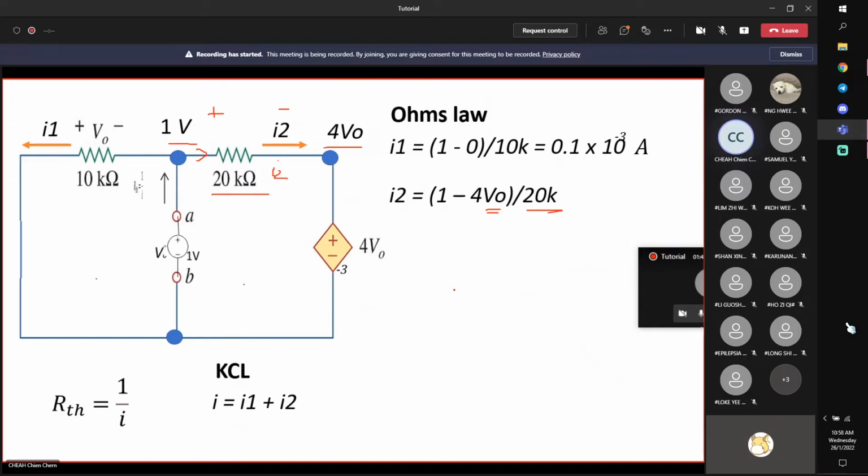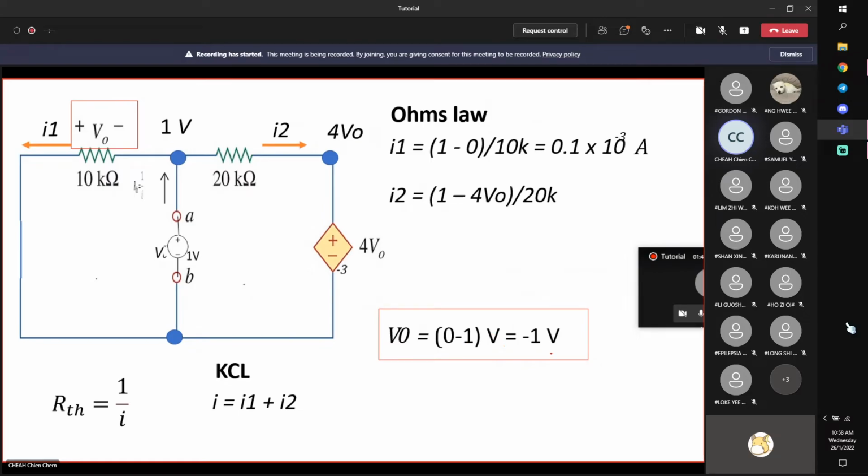V0 is actually negative 1 volt. How do I know? This is 0 volts, connected to ground, and this is 1 volt. So 0 minus 1 is the voltage across it in this direction, negative 1 volt.